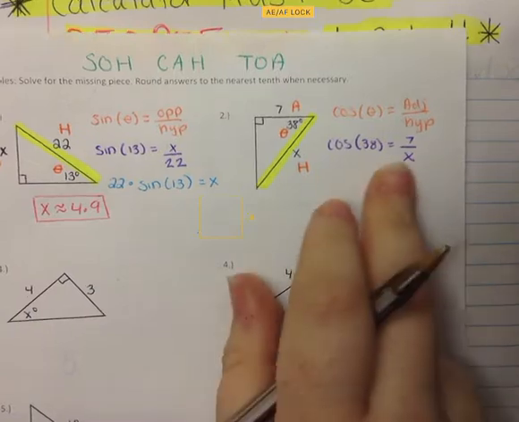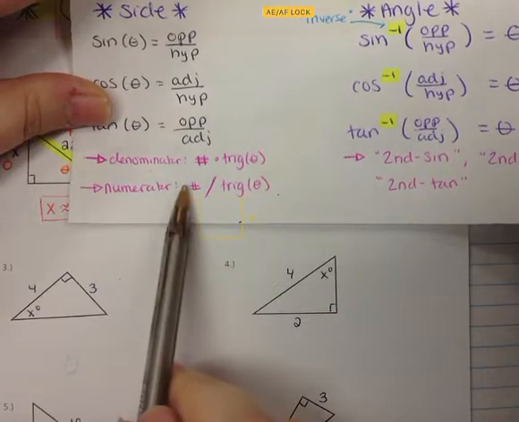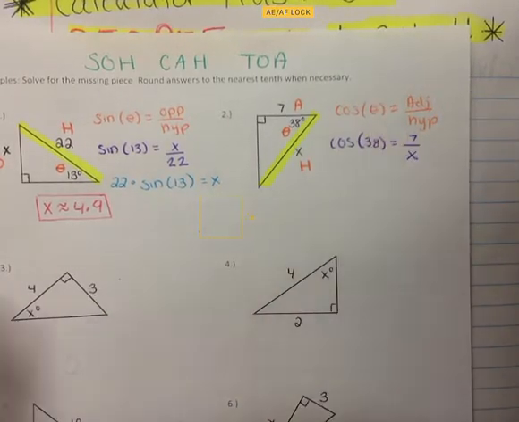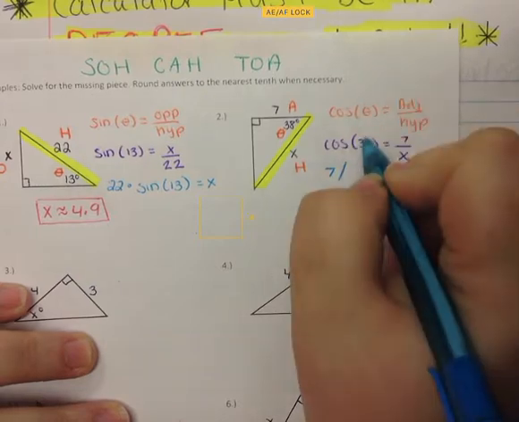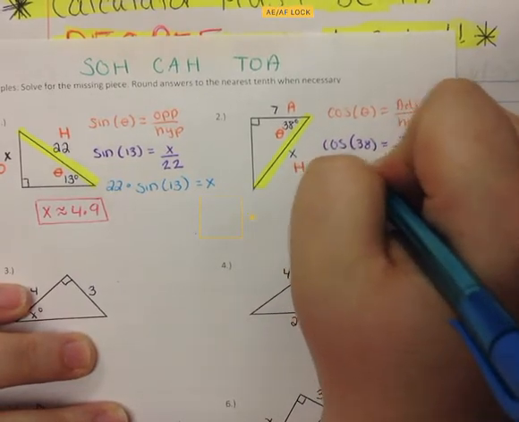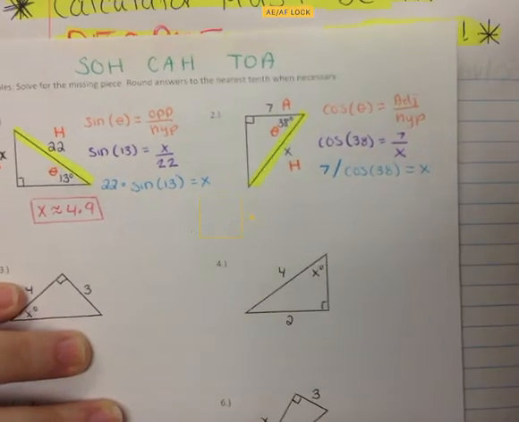Now this time, we're given the numerator, so if we look back here, if we're given the numerator, we take that number and we divide it by the trig. So our number was that 7, so we take our numerator and we divide it by that trig of theta, so that cosine of 38, and that will give us x.